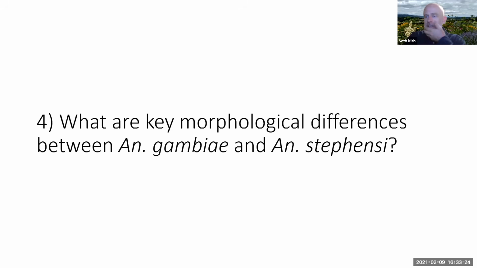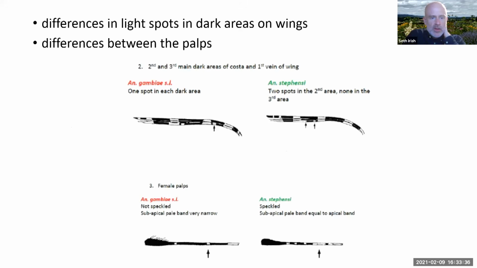Good. Dark area on the wing. Wing spots, good. And the palps. Very good. I'll just show the image again. So very good job, guys. And thank you so much for letting me present.